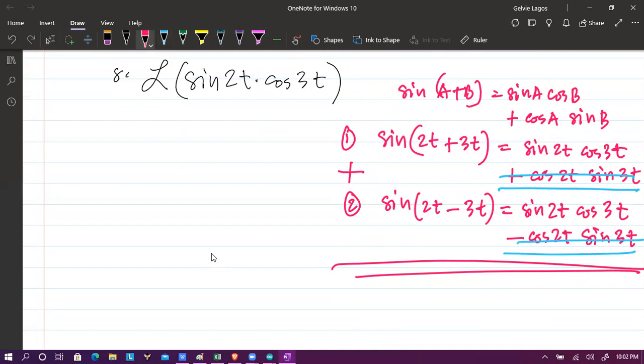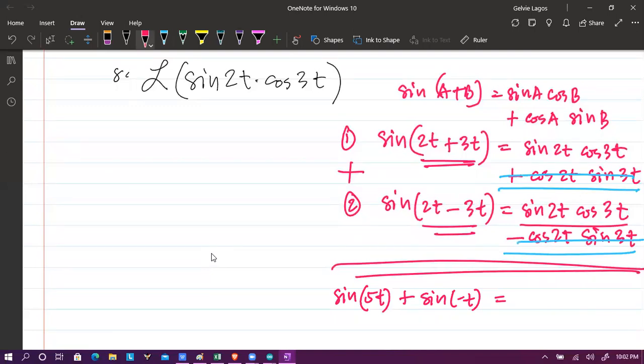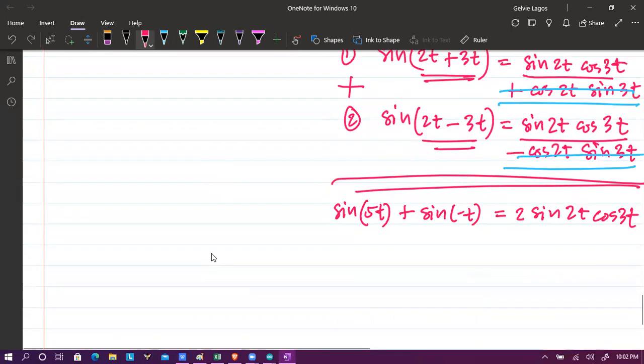Adding the two equations will be sine of 5t plus sine of minus t. This will be equivalent to 2 sine of 2t cosine of 3t, right?